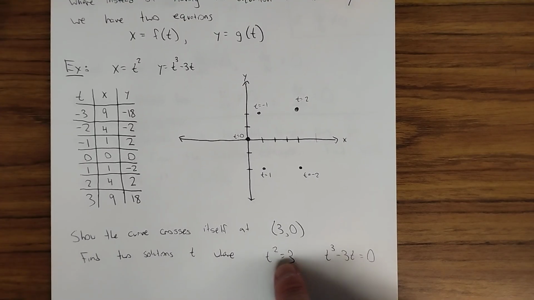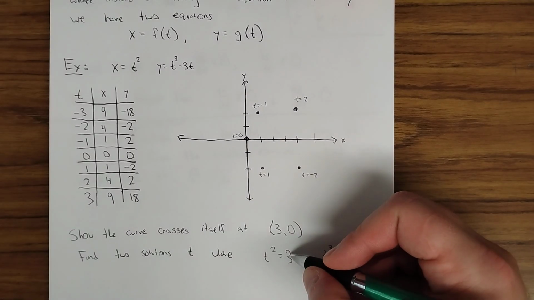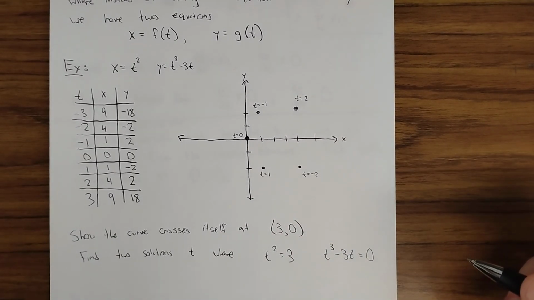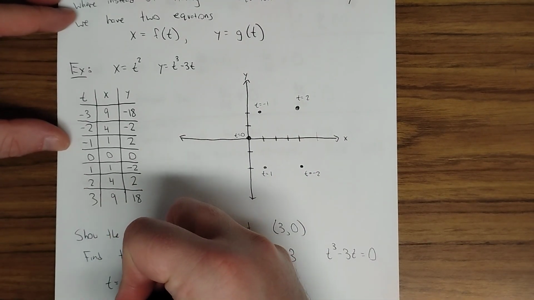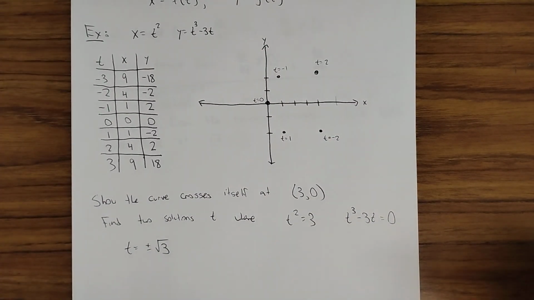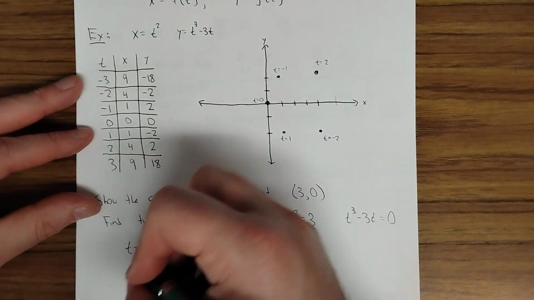I can pick whichever one of these I want to solve, so it's going to be this one. Anyway, I'm making this harder than it needs to be. So t is plus or minus root 3.